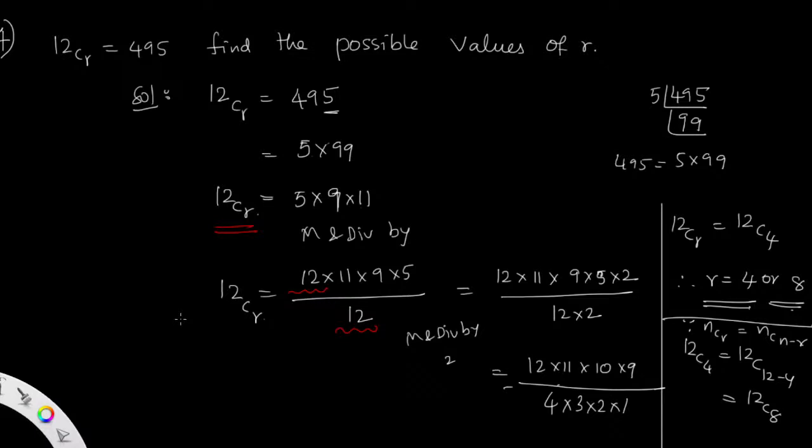Afterwards multiply and divide by 12, so that we can get it in the form of the left hand side, which starts with 12. That is why I keep it as multiply and divide by 12. Next 12 can be expressed as 4 into 3 into 2 into 1. And then we can get the values of 12Pr. So this is question number 4.